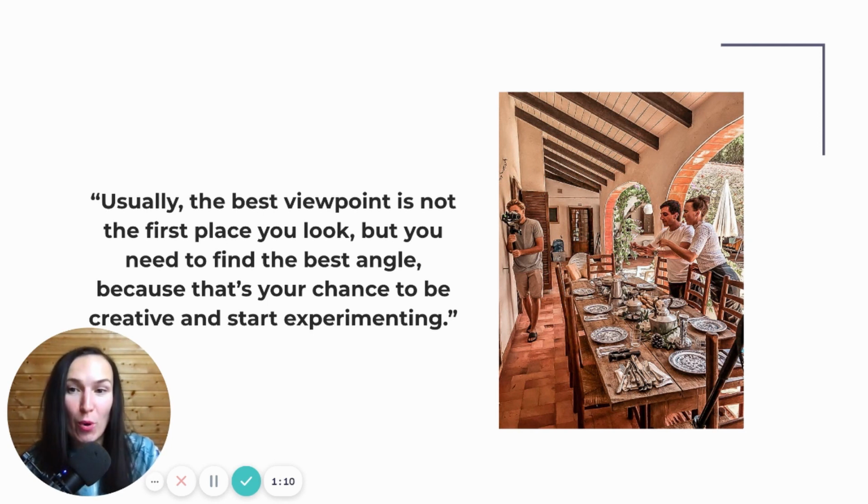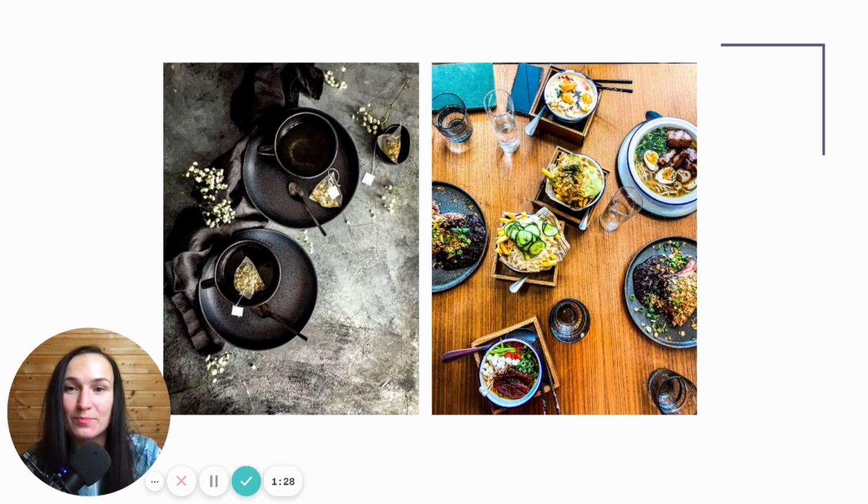The viewpoint is completely different and interesting for the viewer, because usually they don't see the food from that angle. So I would highly recommend that you start moving around and don't get lazy here.